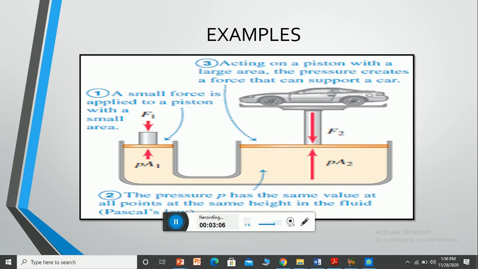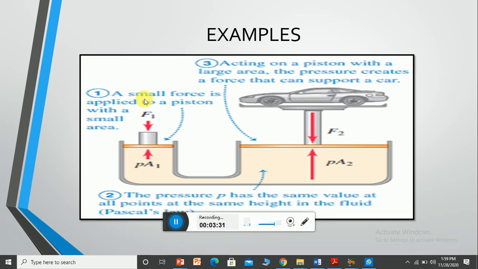Let's discuss two examples. The first one is the hydraulic press. In a hydraulic press, on the left hand side we have a piston having a small area A1.